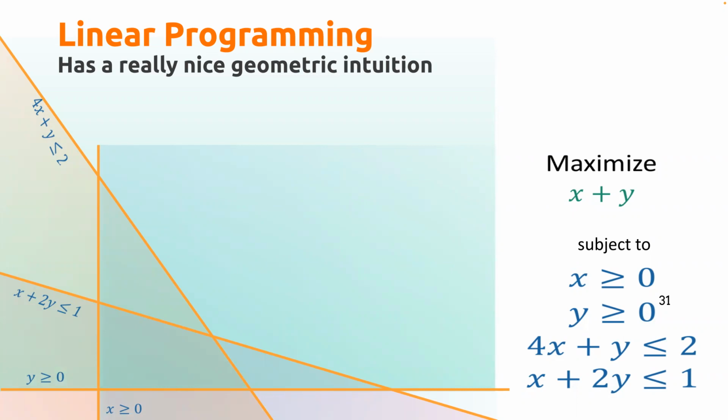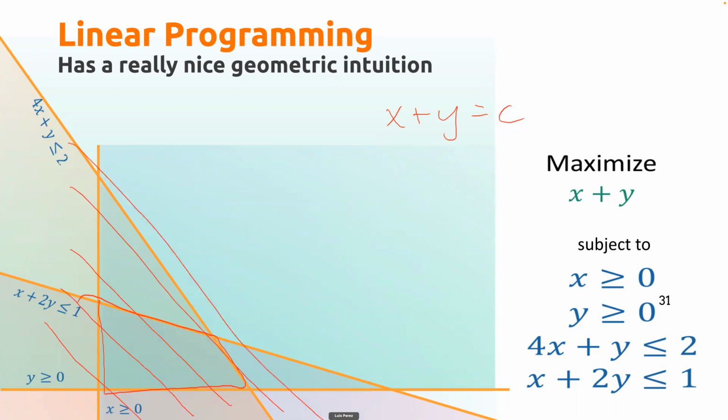So this is the space of solutions. So geometrically speaking, this is the space of solutions that satisfy your inequalities. And then what you're trying to do is you're trying to maximize x plus y. So if you rewrite x plus y, you'll notice that x plus y equal to some constant is just a bunch of lines with slope -1.